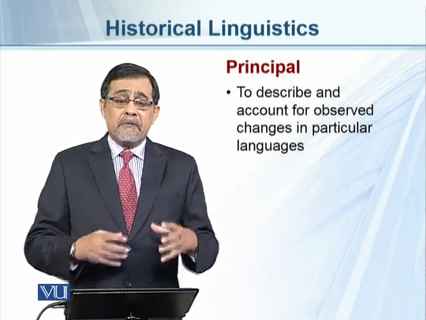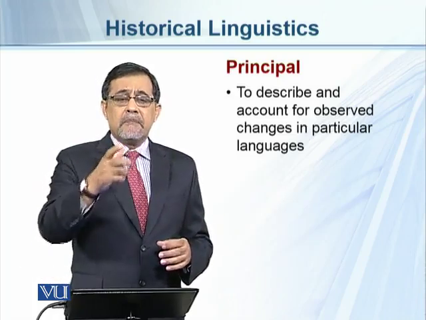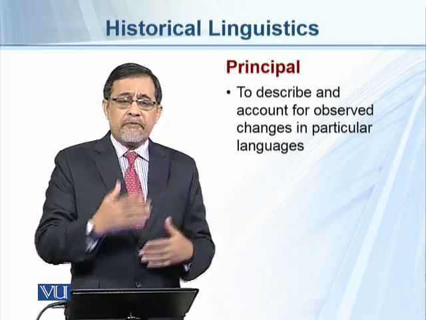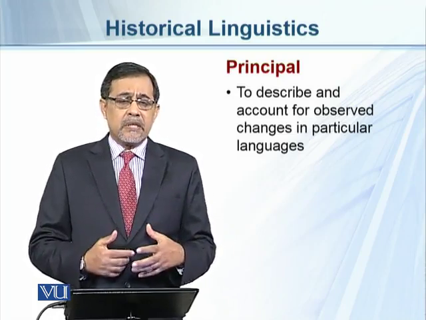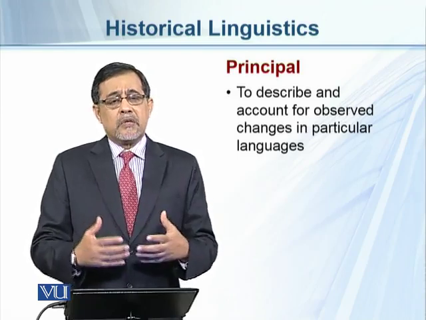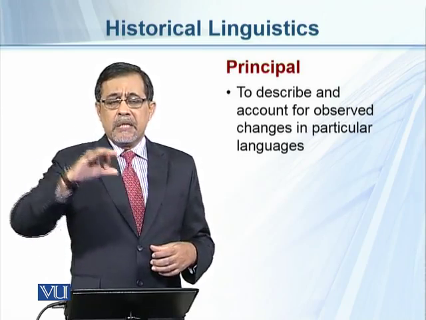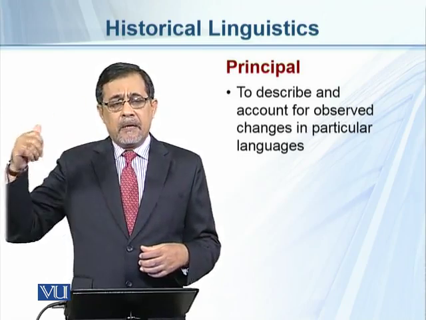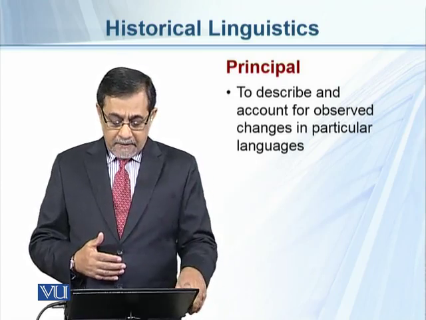For example, we find that at a certain point in time a word had a certain meaning, but with the passage of time the meaning changed. So historical linguistics has the answer to this question: a certain word was used in a certain meaning at a certain point in time in the past, and now it is used in a different meaning.